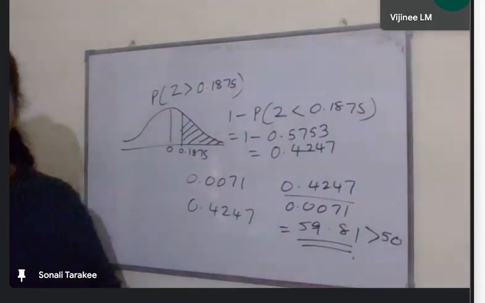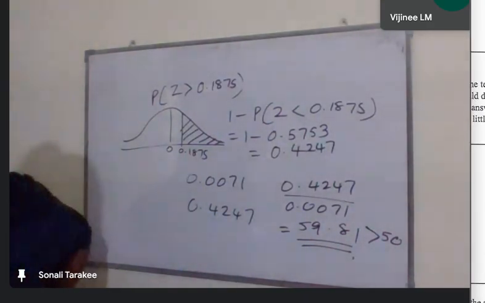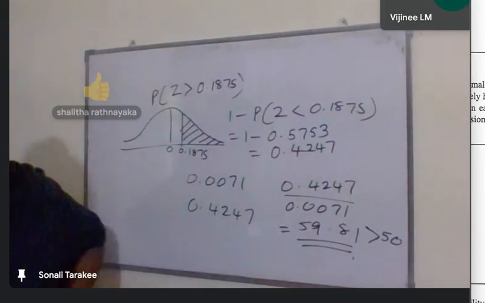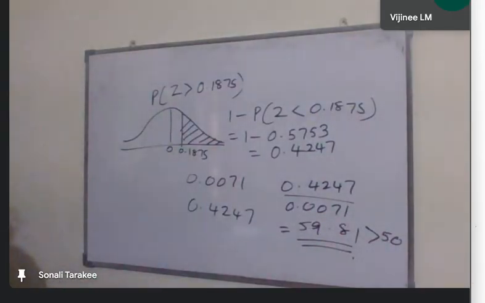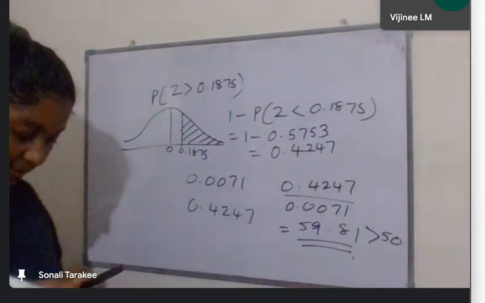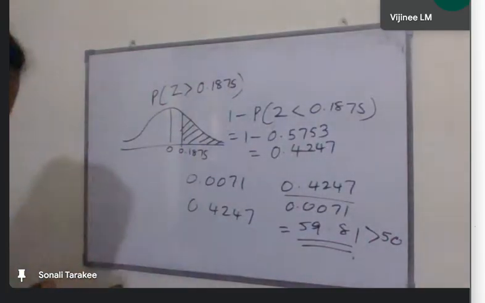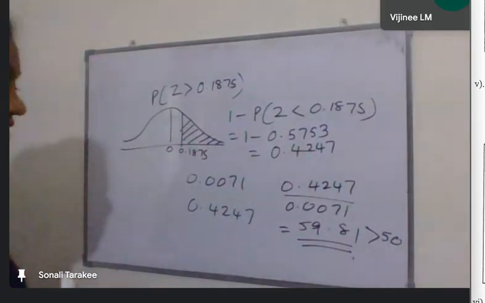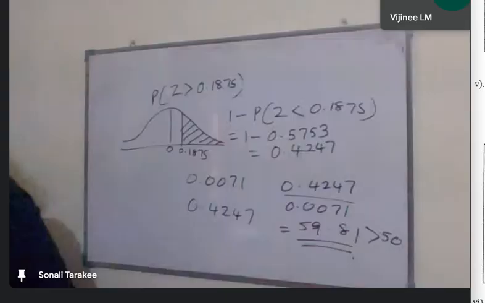Any questions? Maybe not. The last question, justify the suitability of the selected distribution to calculate the above probabilities. Again, make features on it.